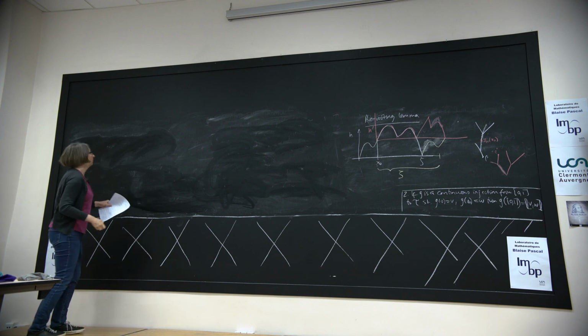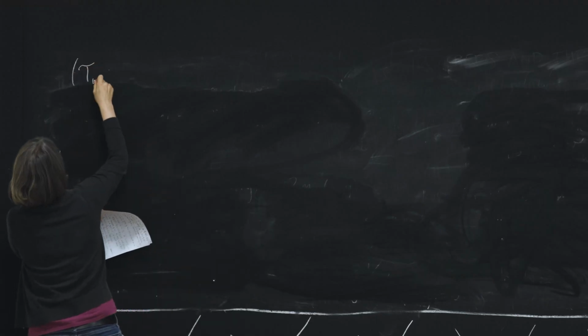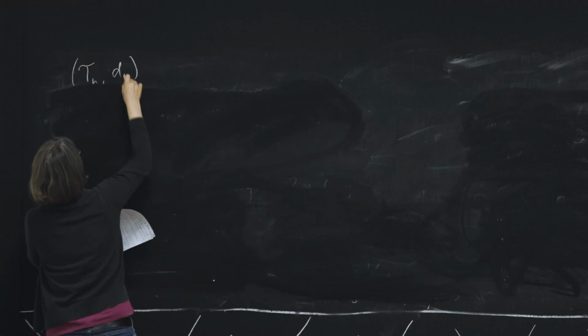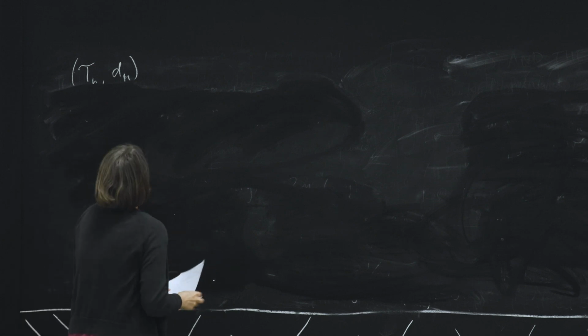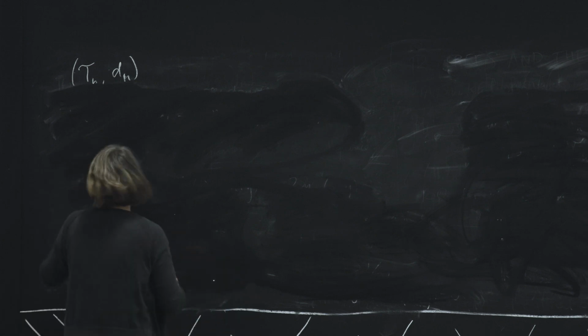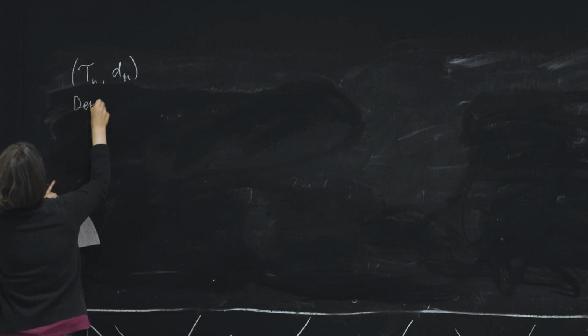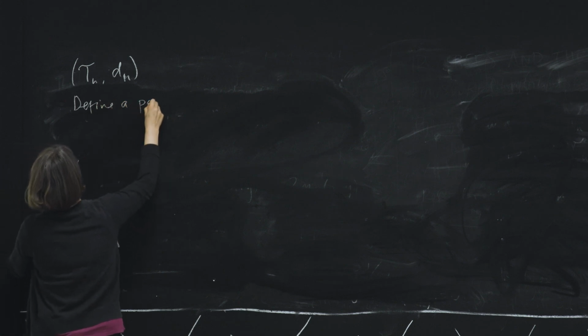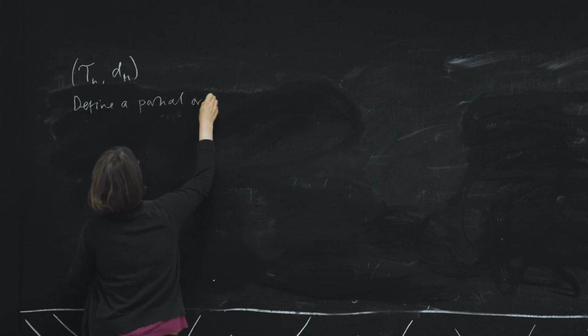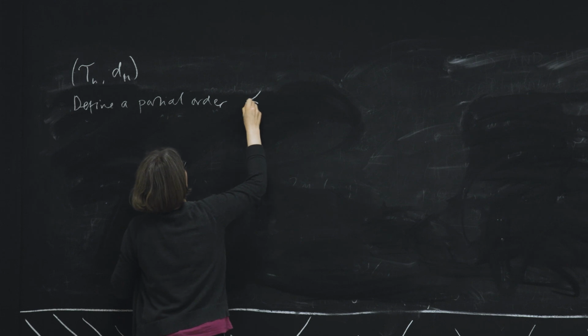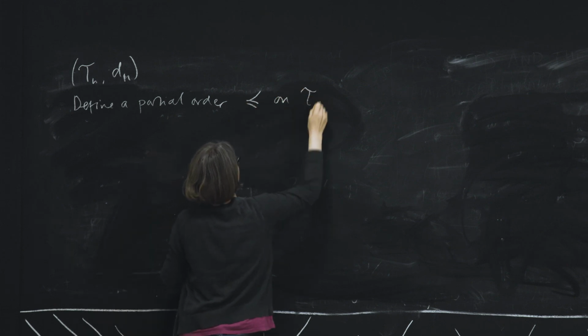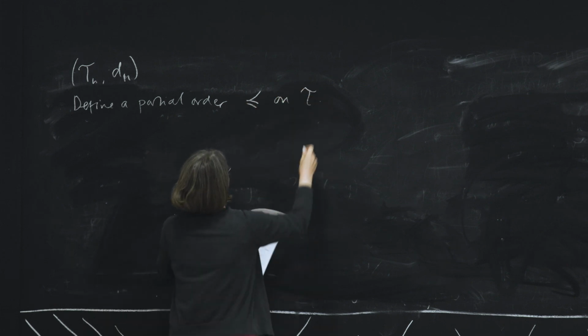So we've got this metric space T_H, d_H. I want to define a partial order on this thing. So how am I going to do this?